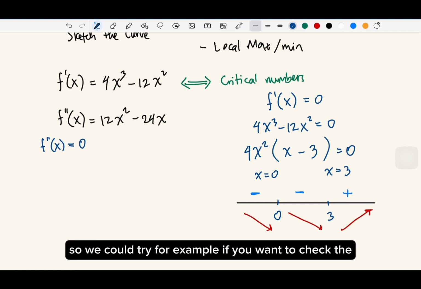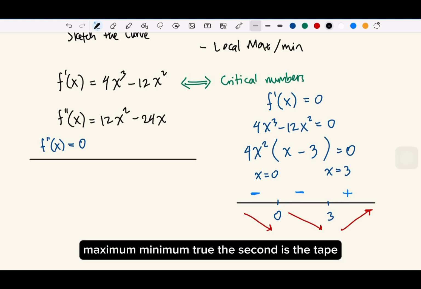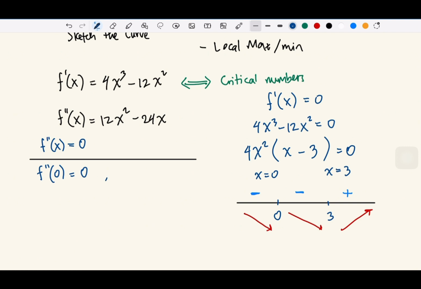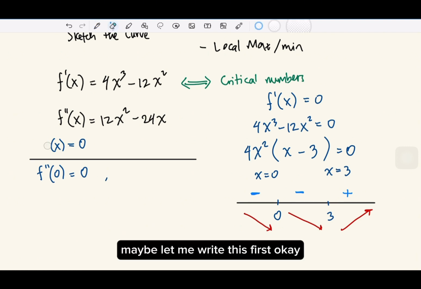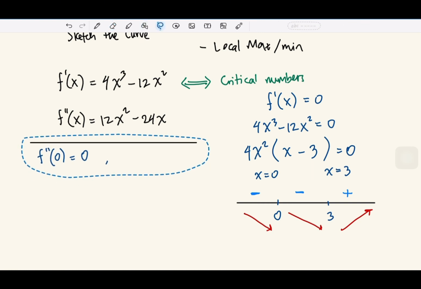If you want to check the maximum or minimum through the second derivative, we could check f''(0), and this will be 0. Let me write this first. Later I will take that.